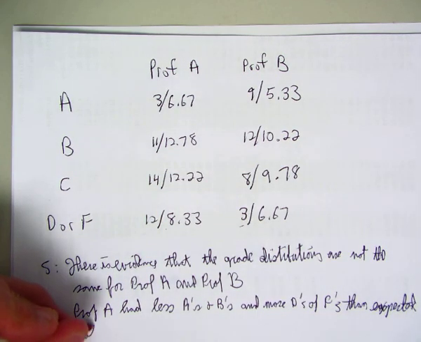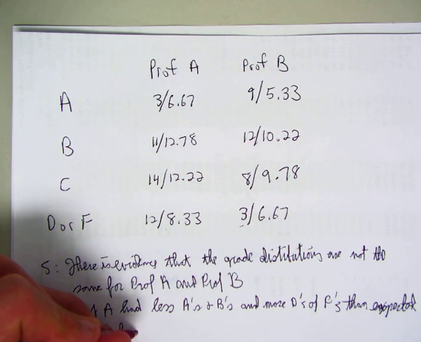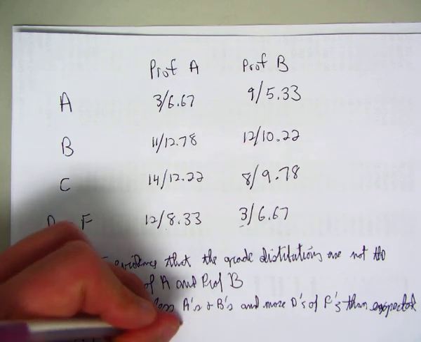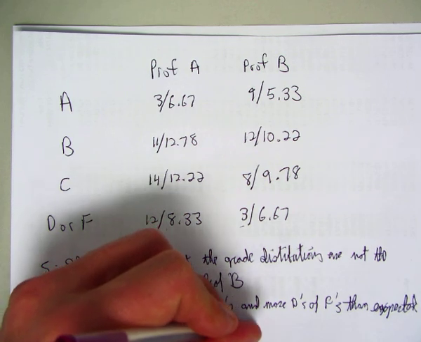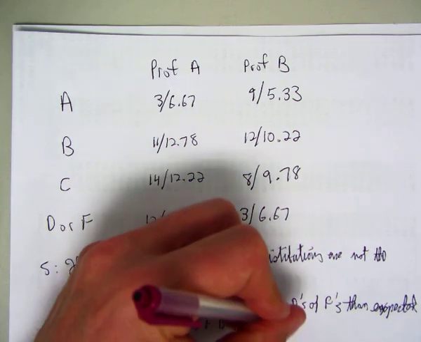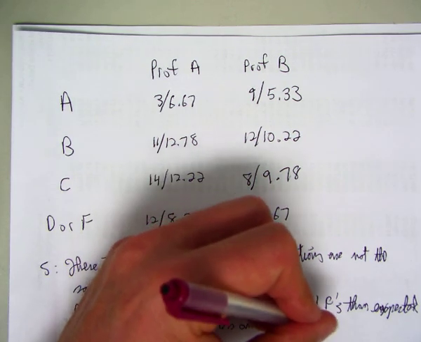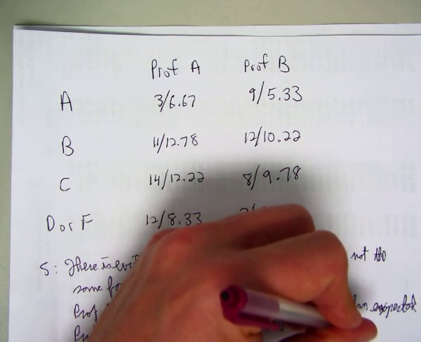So Professor B had more A's and B's and fewer D's or F's than expected.